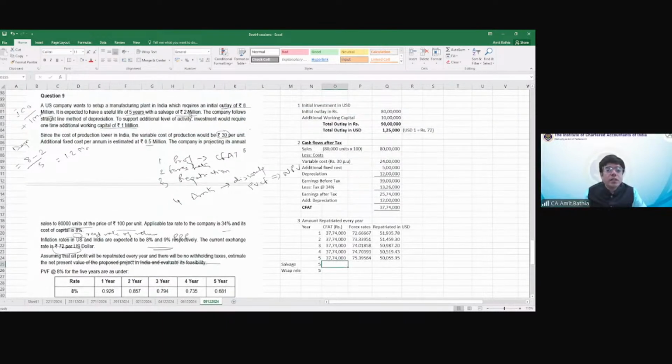How much is your salvage? 2 million, right? So that is 20 lakhs. Working capital released is how much? Do you have any working capital released? 1 million, because you had invested an additional one-time capital of 1 million. So that will also get re-released, right?